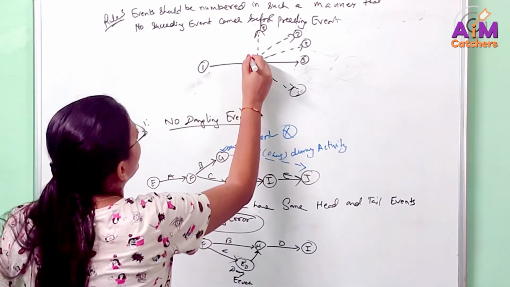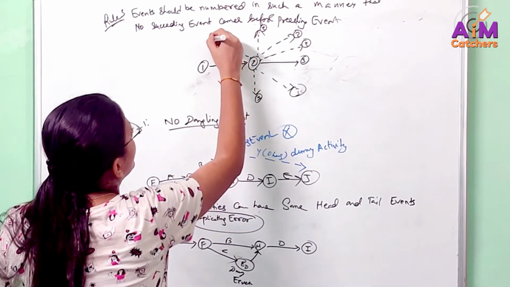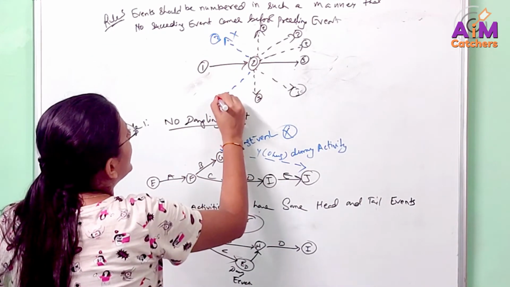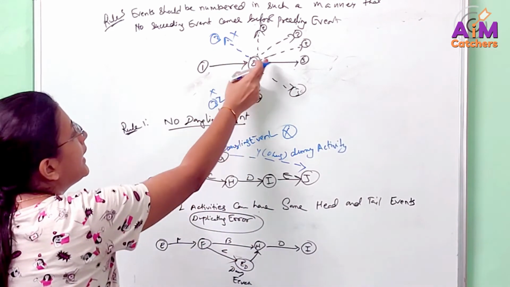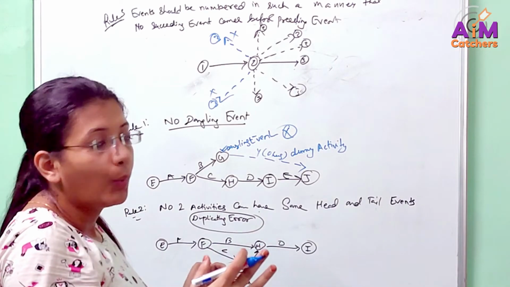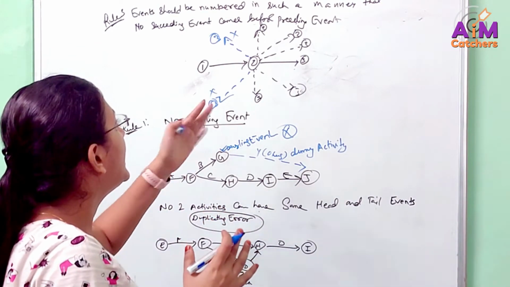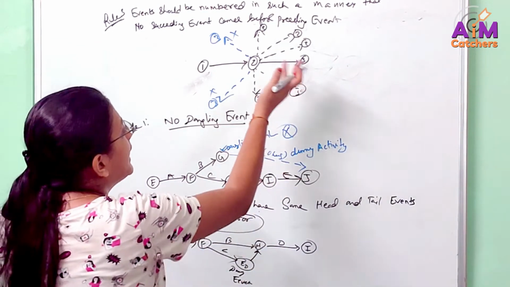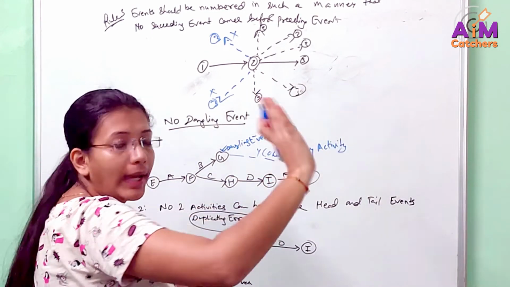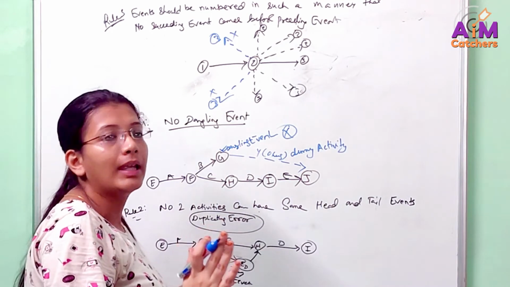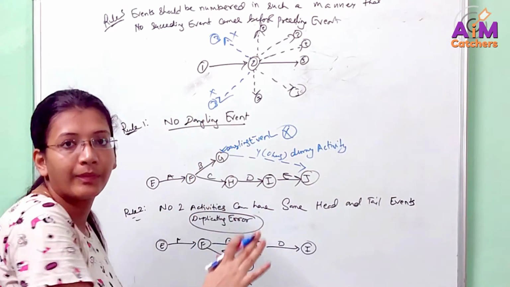If we write event 3 here, this is wrong. If we write event 3 here, this is again wrong. So event 3 can never be before event 2. Whenever you make a diagram, be careful that the next event can never be before the earlier event. It should always be on the right side or just in the same line. That is rule number 3.